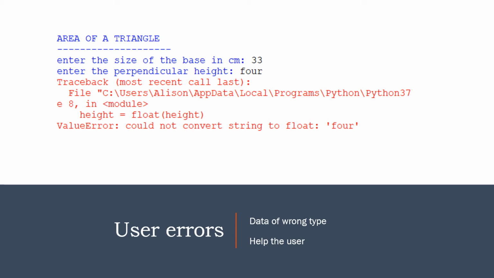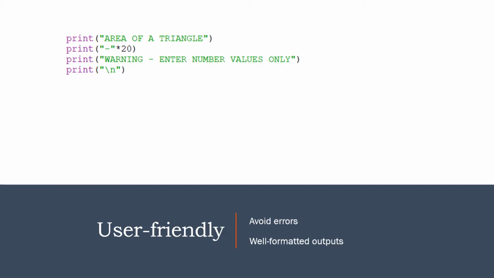We want to avoid the program crashing, because that's another way that we might frustrate the user. In this example, the user has entered data of the wrong data type, so we can help them to avoid it, and there's a number of ways to do this, but let's just look at one of the simplest. We could simply print a warning sign.